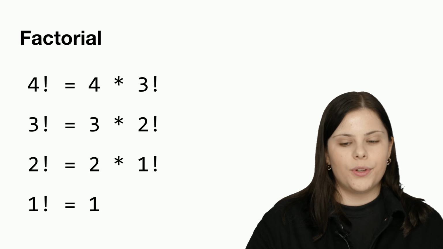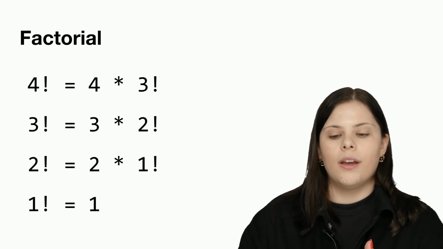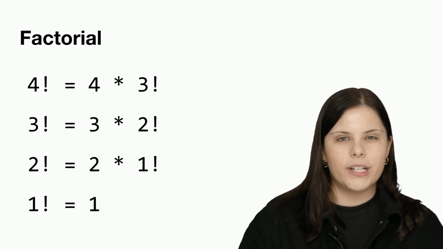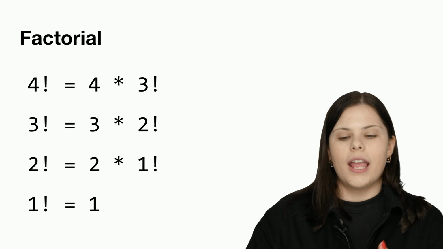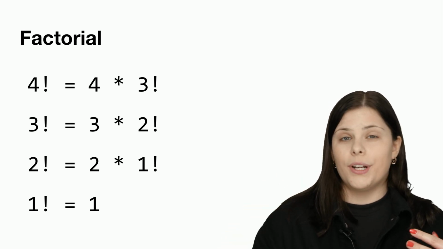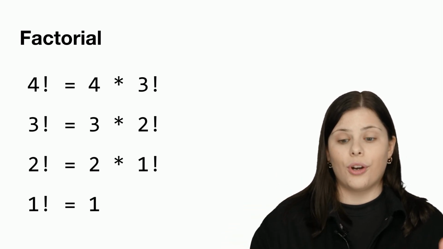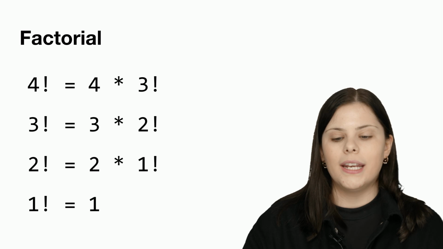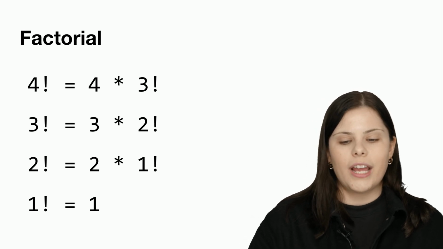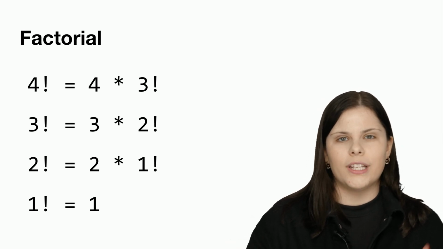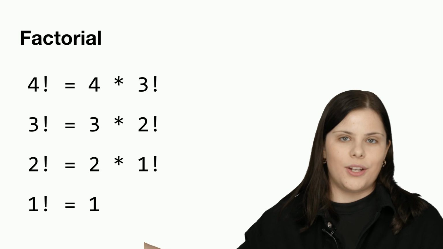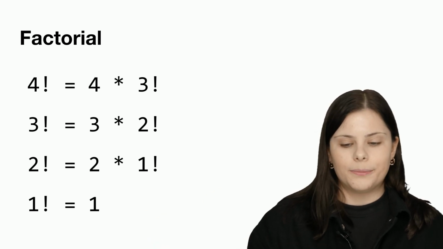And then I could expand factorial of 3 as 3 times factorial of 2, and so forth. This is where the recursion concept kicks in, because I can just look at the first line where I have factorial of 4, and I have the number 4, and then something else is going on, and I get that number back.